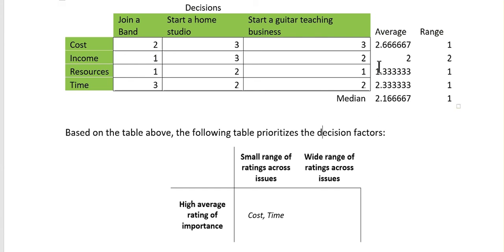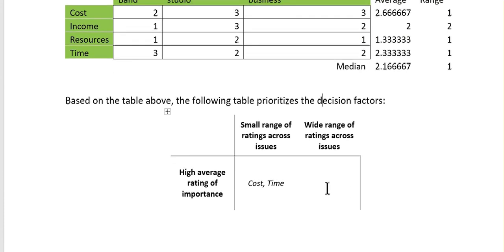So cost will fall under high average rating importance, small range of ratings across issues. Wide range, I didn't have anything in that one because, as you can see, the higher averages, which are time and cost, but the range is not higher than the median. So in this case, it will be blank.